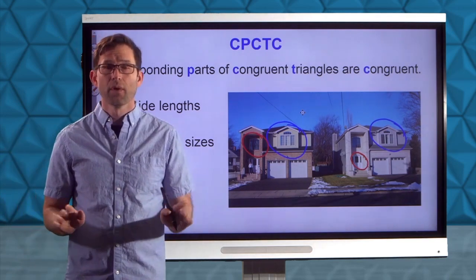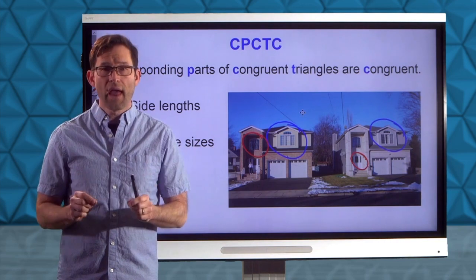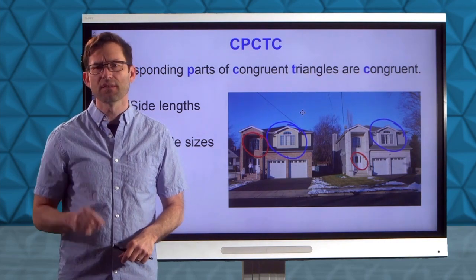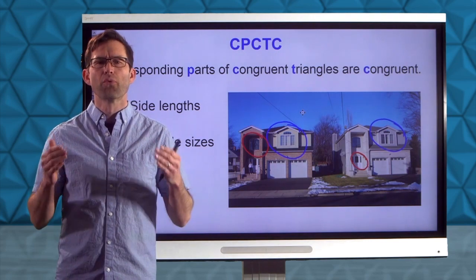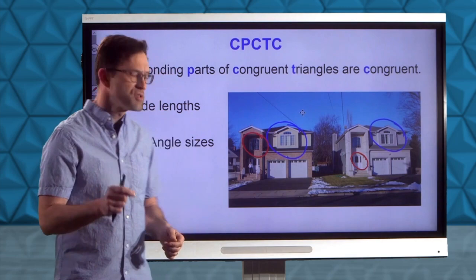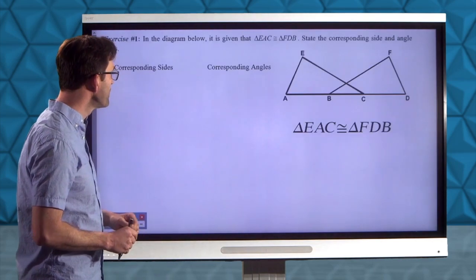Every single time. So what we're going to do now is jump right into the idea of using CPCTC reasoning to prove one of the most important facts in all of geometry. So let's get right into that.